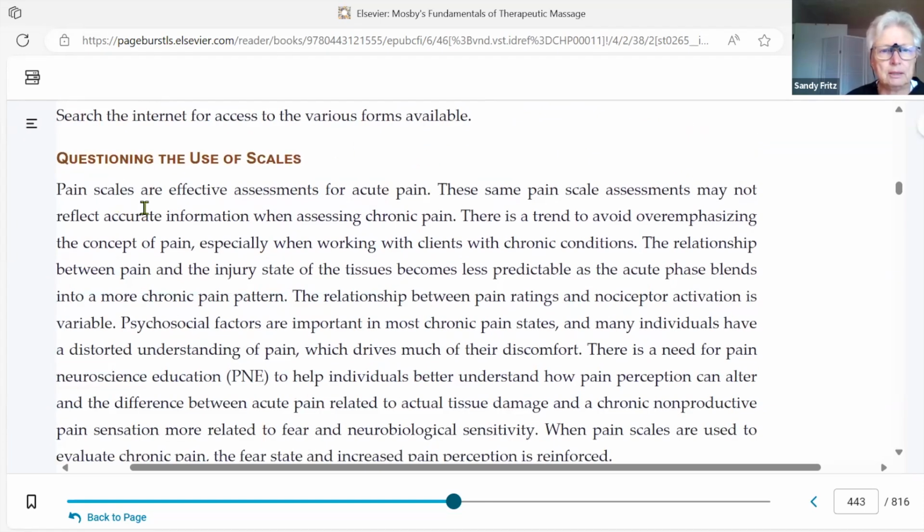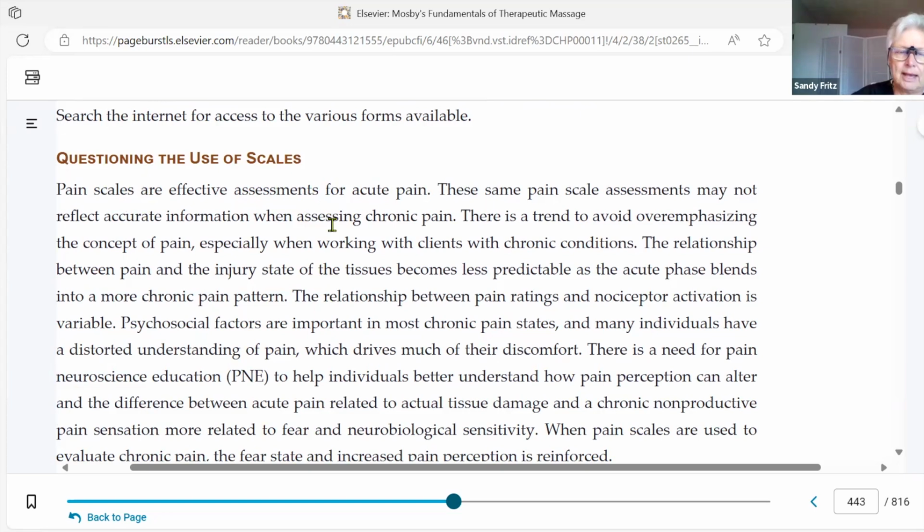And then you can use these scales to direct your conversation. So pain scales are really good for acute pain.